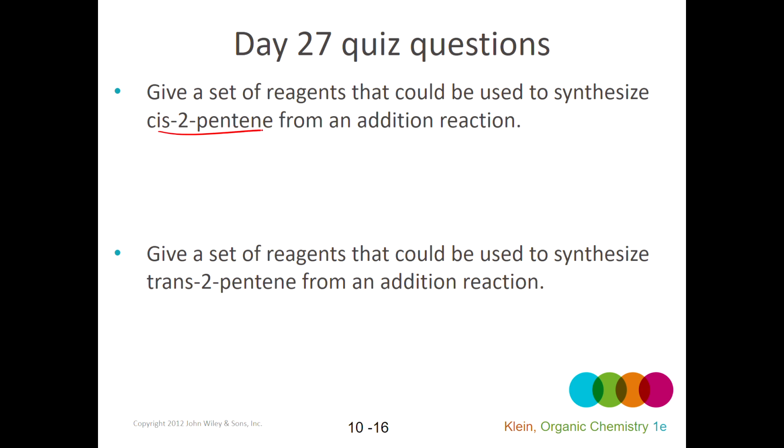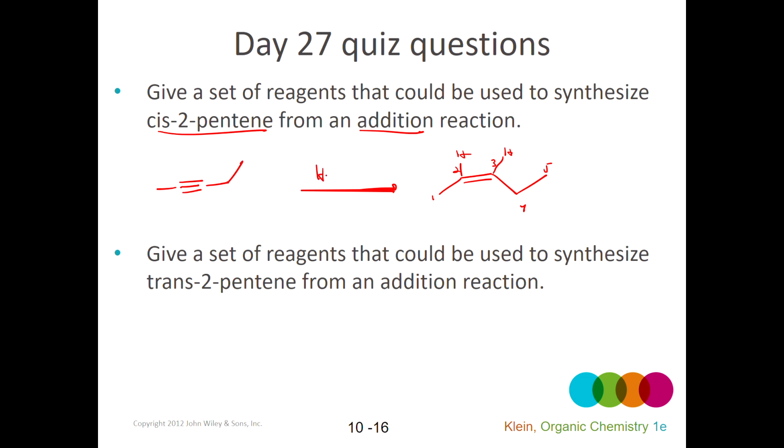If I want to make cis-2-pentene from an addition reaction, I just draw cis-2-pentene. 1, 2, 3, 4, 5. It'd be cis if the 2 hydrogens here are on the same side of the double bond. If I want to make that from an addition reaction, I'd have to start with 2-pentyne. 1, 2, 3, 4, 5.